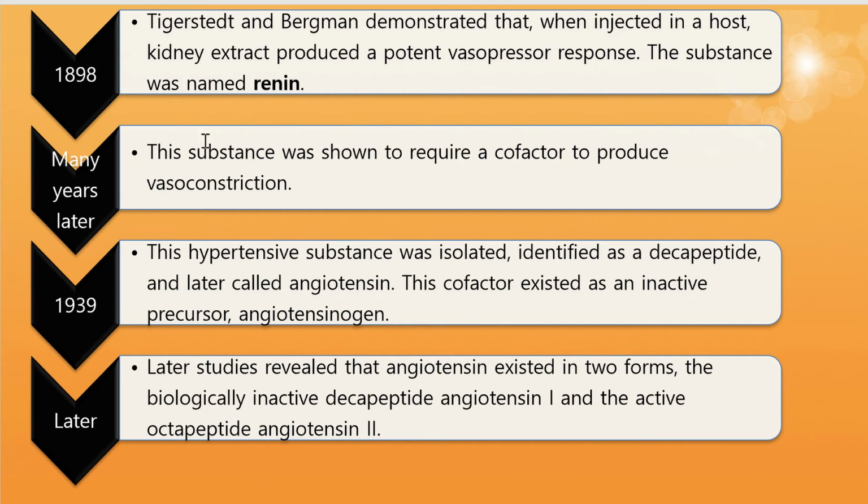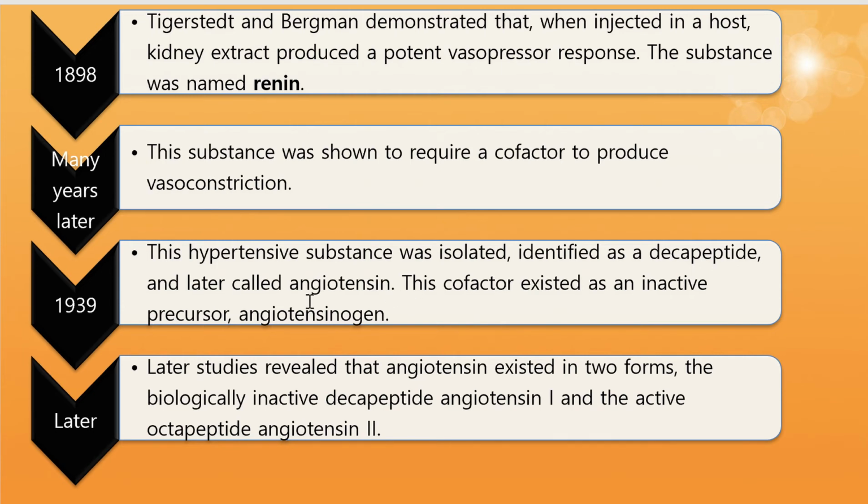Many years later, this substance was shown to require a cofactor to produce vasoconstriction, and then it was in 1939 where this hypertensive substance was isolated, identified as a decapeptide. So as you know, deca means 10 peptide, and later called angiotensin.